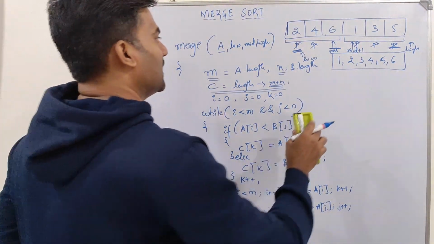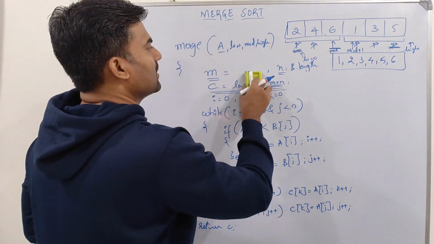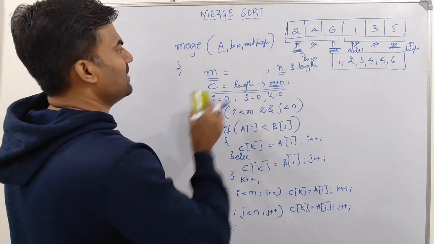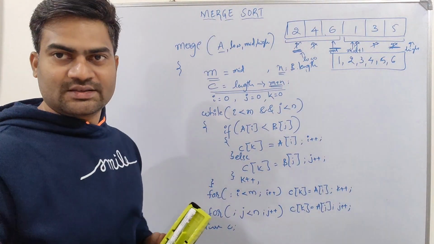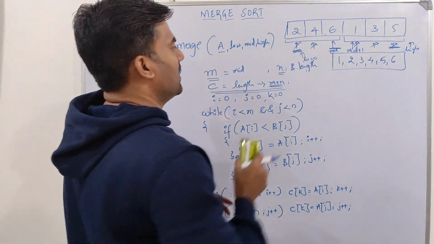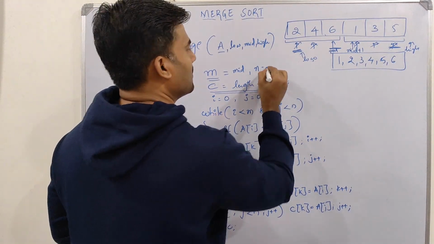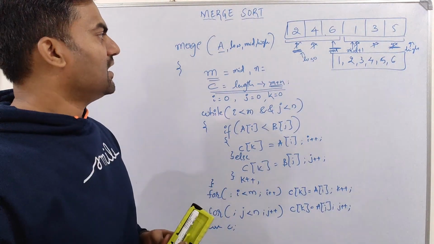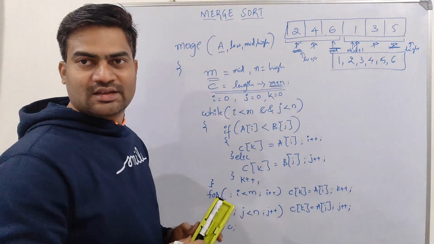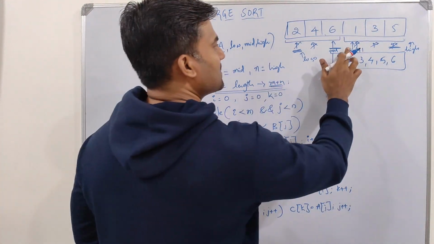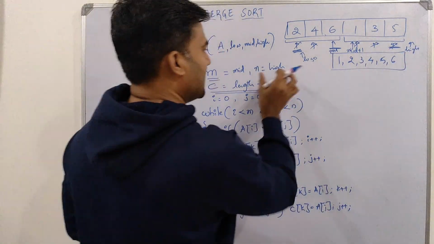Then maybe my M will be mid, and my N will be, mostly we will take it as high only. Why high? Because its first value starts from mid plus 1, so its highest length is high.